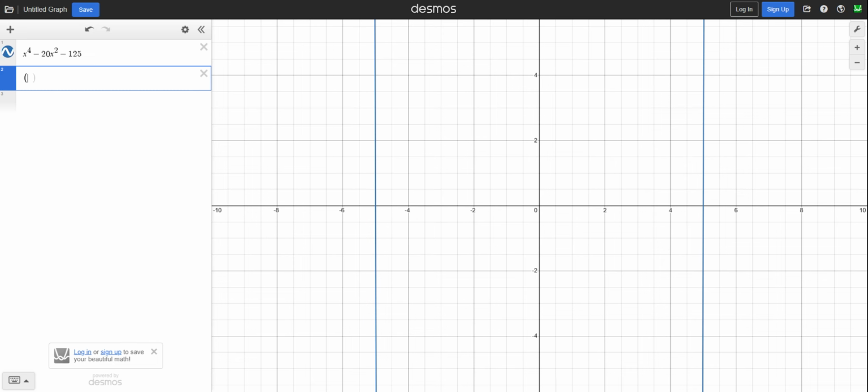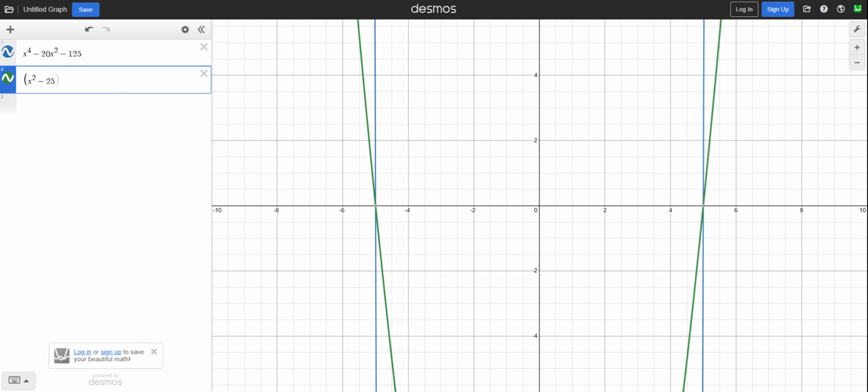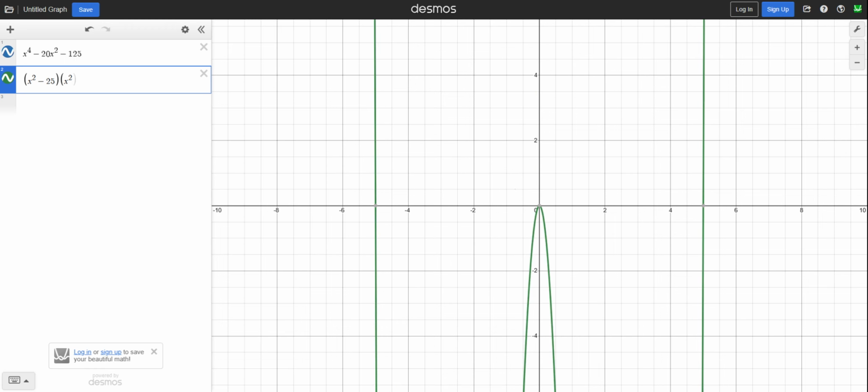So, you're going to end up with x squared, and this is type 4, so minus 25, x squared plus 5 equals 0.